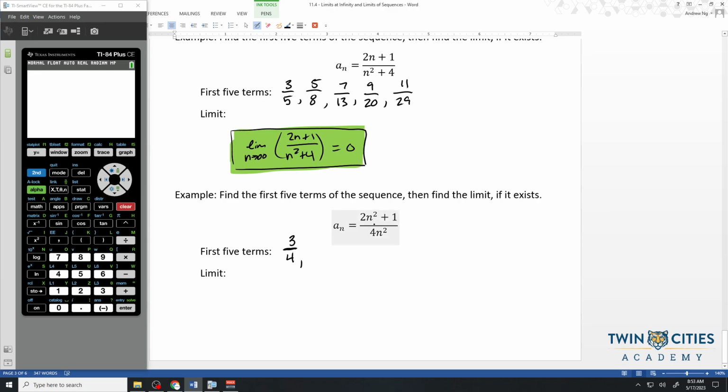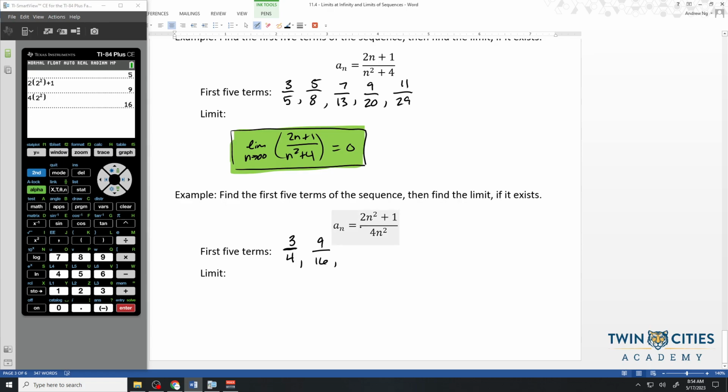Okay, second one, let's actually do that in the calculator. So it'd be 2 times 2 squared plus 1. So it'd be 9 over 4 times 2 squared, over 16.